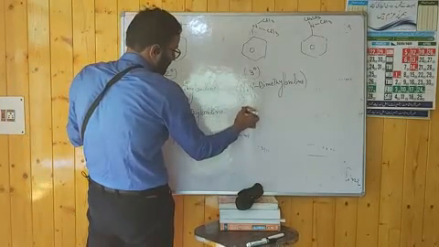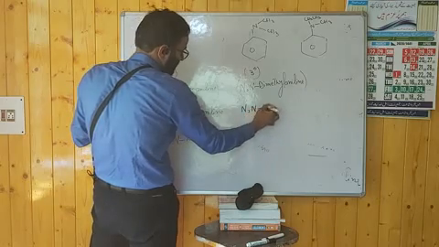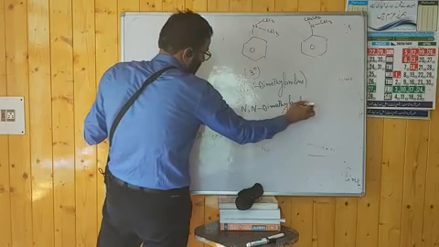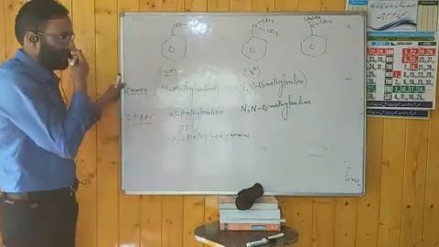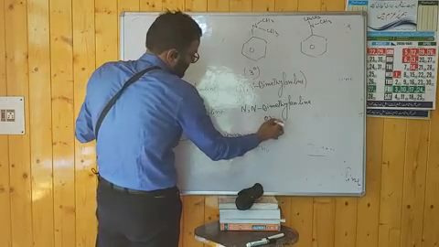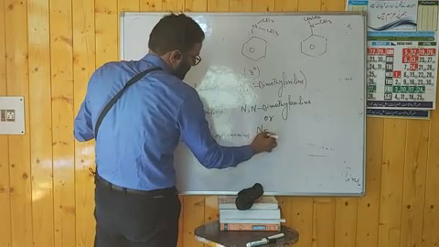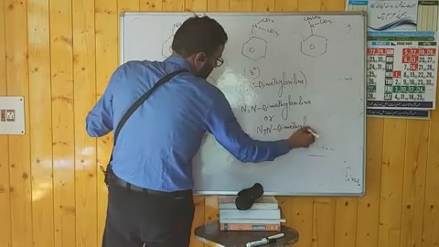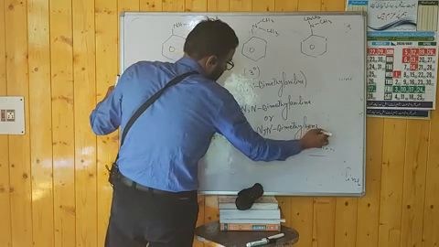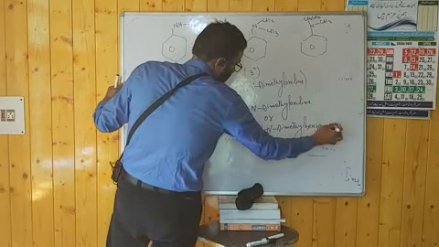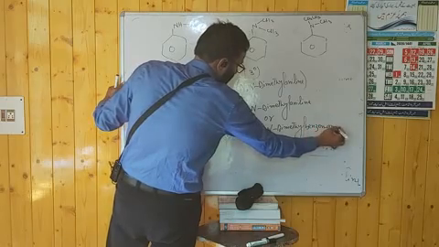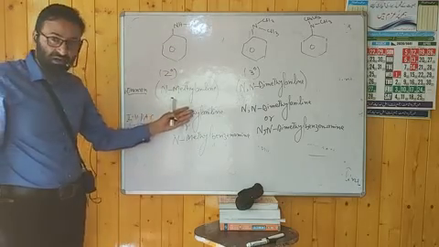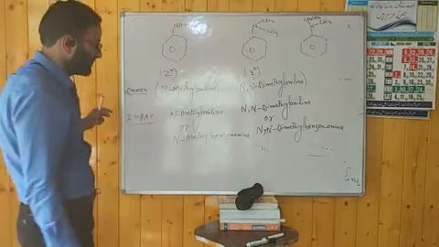This will be the first IUPAC name with respect to aniline, N,N-dimethylaniline, and we have another IUPAC name with respect to benzenamine, N,N-dimethylbenzenamine. Benzene, replace E by amine, benzenamine. With respect to aniline, it is the first IUPAC name. With respect to the second, it is the second IUPAC name.